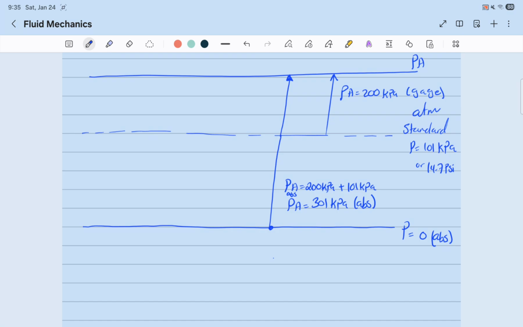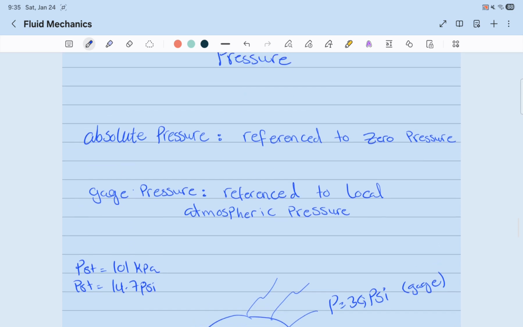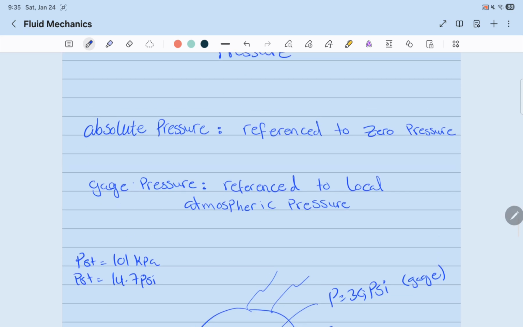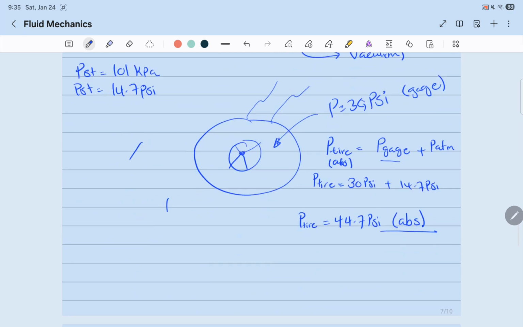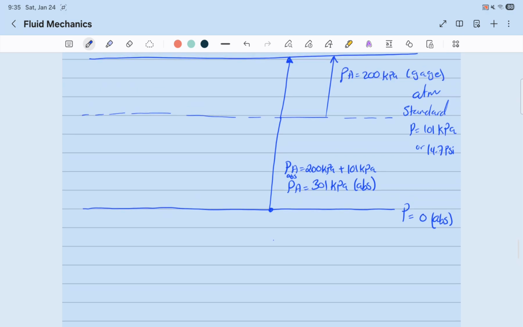Now, one other thing I forgot to mention is that the gauge pressure could be negative or positive. Usually when it's negative, it means that it's a vacuum. Okay? Whereas the absolute pressure cannot be negative because it starts from a reference point of 0. Okay? So let's do an example with a negative.